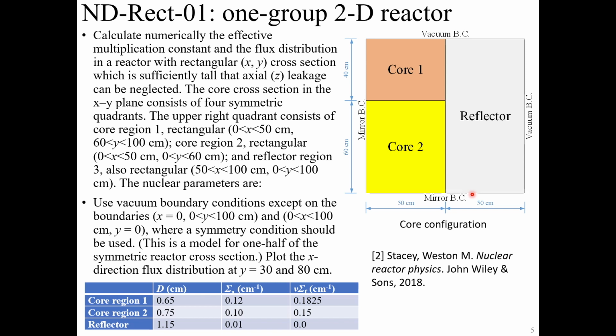We need to solve this model and calculate the k and the flux distribution, and also determine the flux profile along 2 lines. Y is equal to 30, that is at the center of core 2. Y is equal to 80, that is at the center of core 1. Now let's go to MATLAB and demonstrate how to solve this problem.